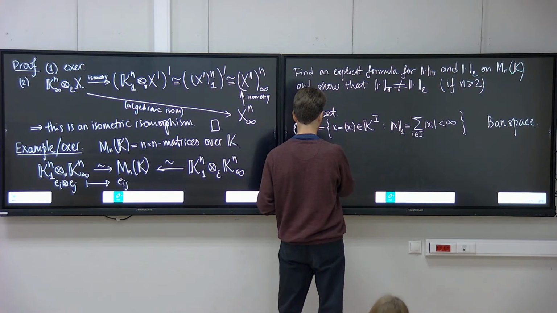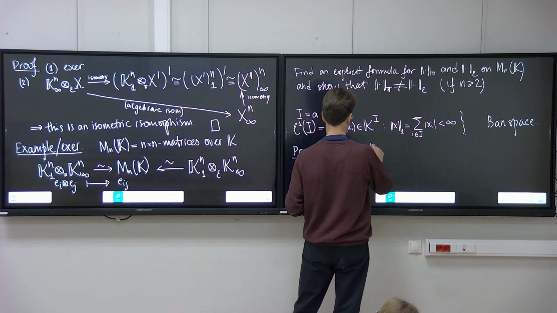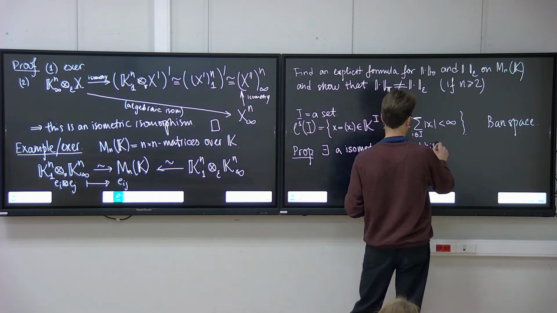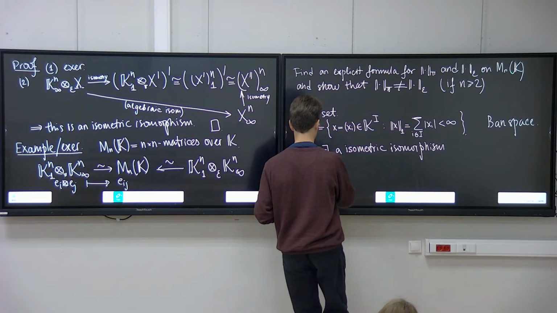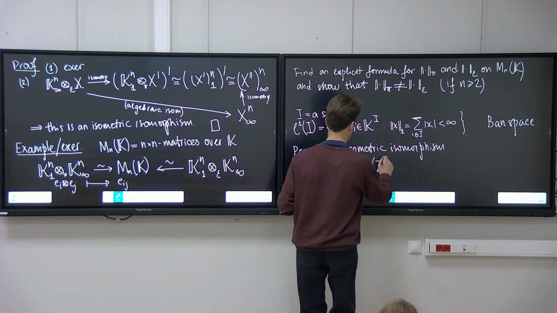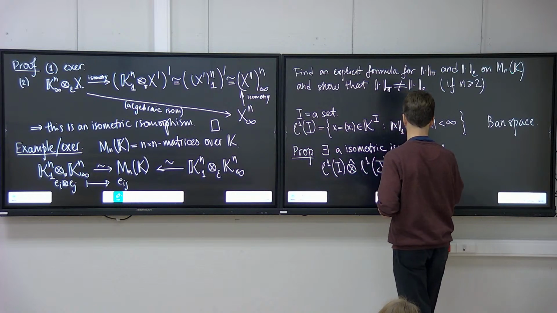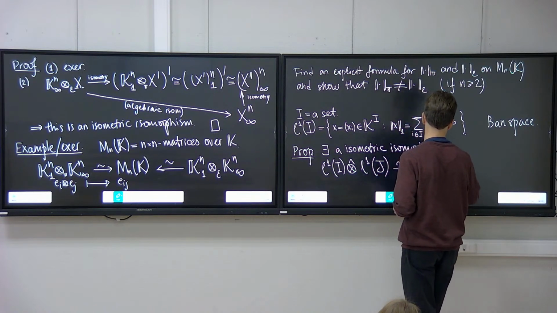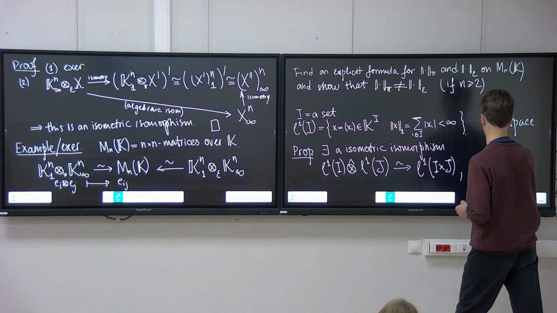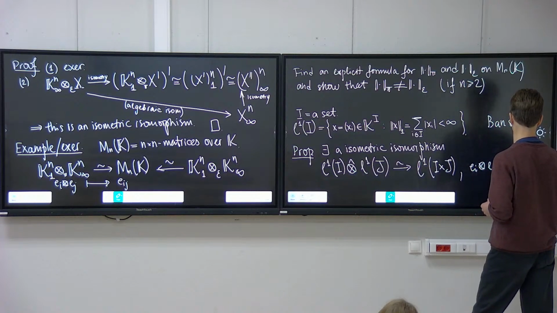I claim that there exists an isometric isomorphism between the complete projective tensor product of L1 of I and L1 of J, where I and J are two sets, and L1 of the product I cross J, which is uniquely determined by the following formula: e_i tensor e_j goes to e_(i,j).